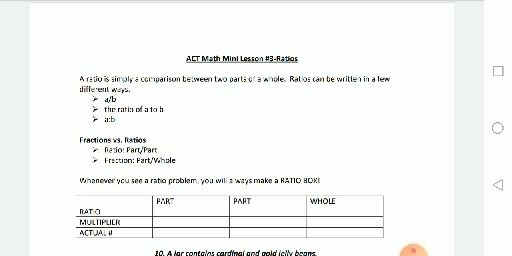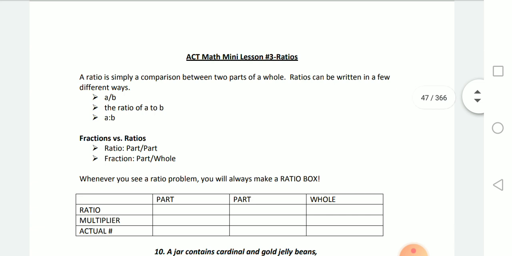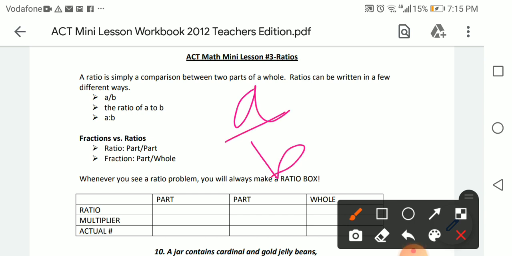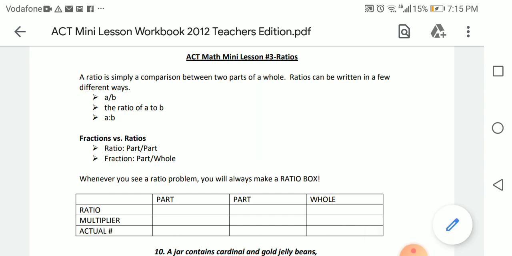A ratio is simply a comparison between 2 parts of a whole. Ratios can be written in a few different ways: as a fraction A over B, as the ratio of A to B, and with a colon, A to B. So these are 3 ways to write a ratio.